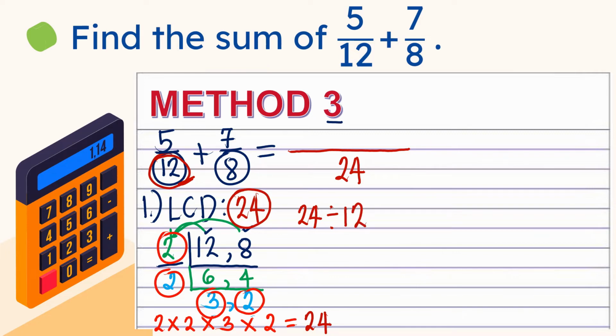And then, ano ba sagot natin? Correct, that is 2. Tapos, pag nakuha mo yung sagot, i-times mo siya doon sa 5. 2 times 5 is equal to, correct, 10. So, ang ilalagay natin doon sa taas ay 10.